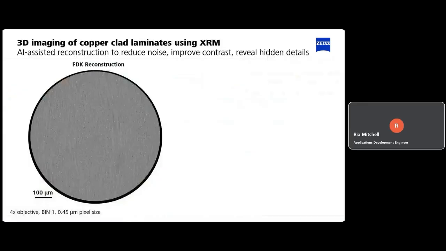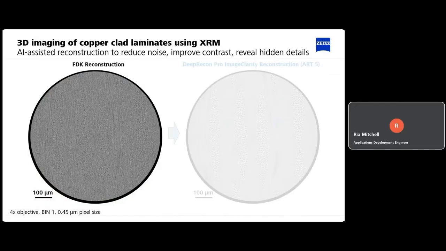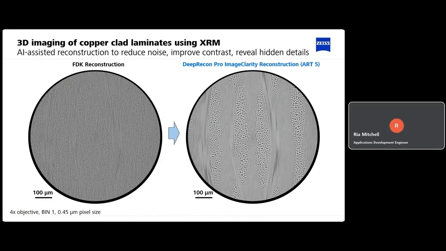So in terms of the copper-clad laminate then, I just want to finish that off by talking about some 3D imaging. We can use X-ray microscopy to do this. Again, this is an example where our AI-assisted reconstruction using Deep Recon Pro can help improve the data.